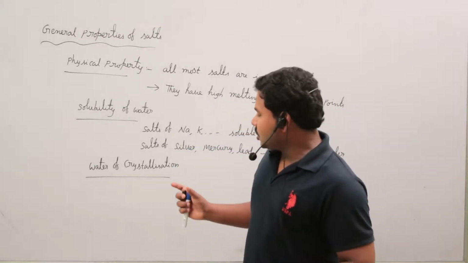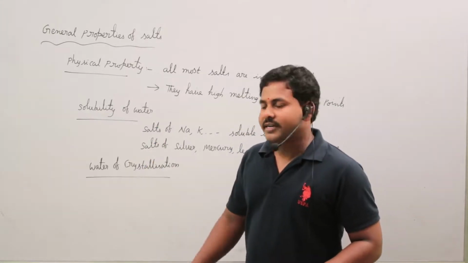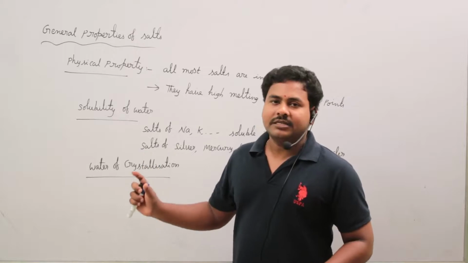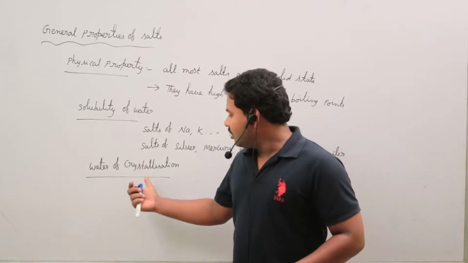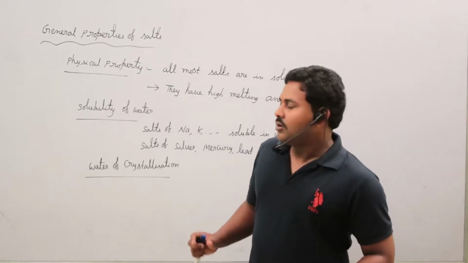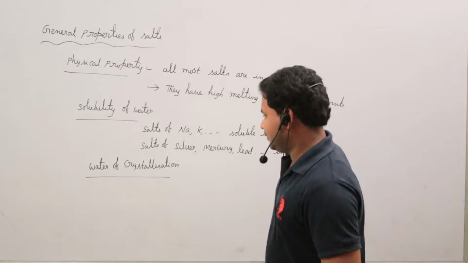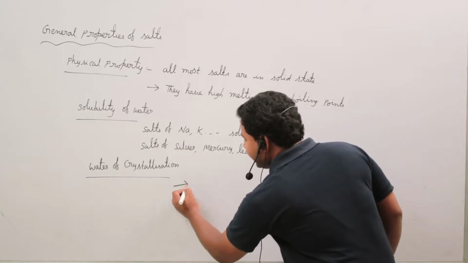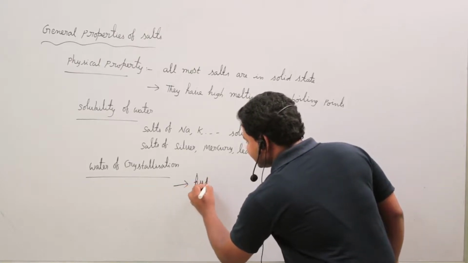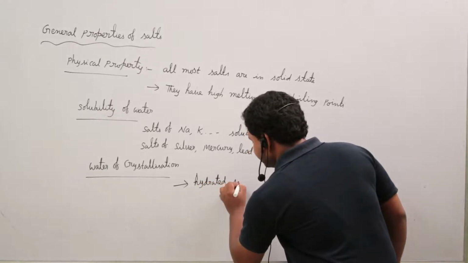The water associated with the crystal of any salt is called water of crystallization. Salts containing water of crystallization are called hydrated salts.